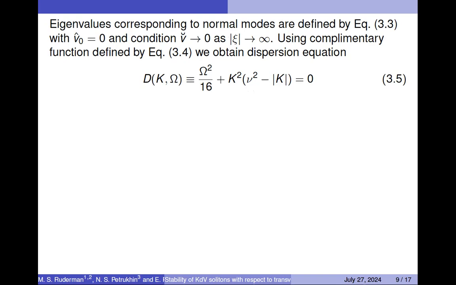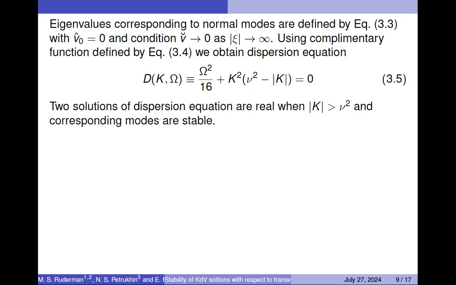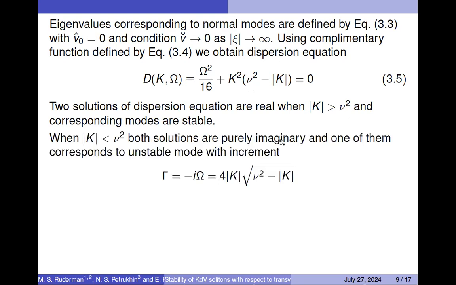Using the complementary function, we obtain the dispersion equation, and it is obvious from this equation that the mode is stable when k is larger than nu squared, and unstable when it is smaller than nu squared.